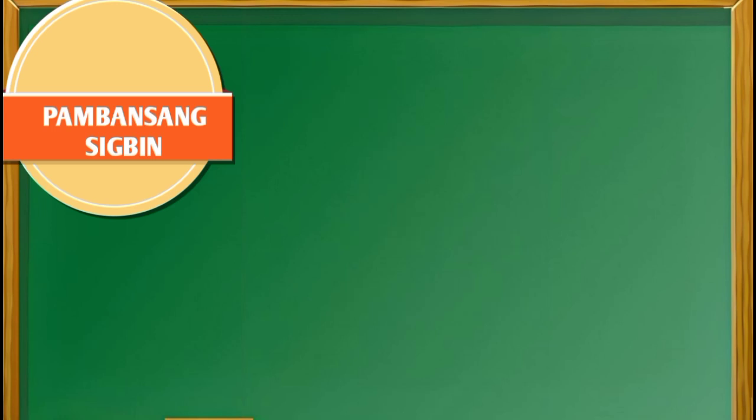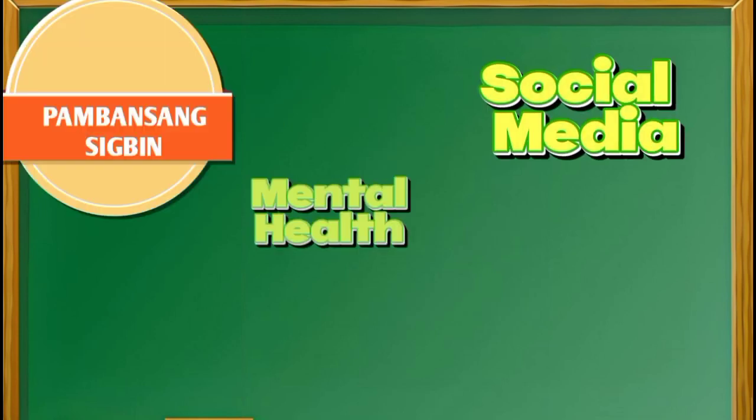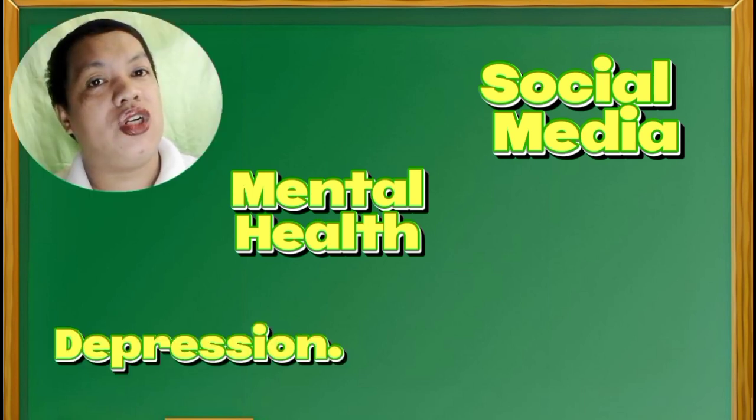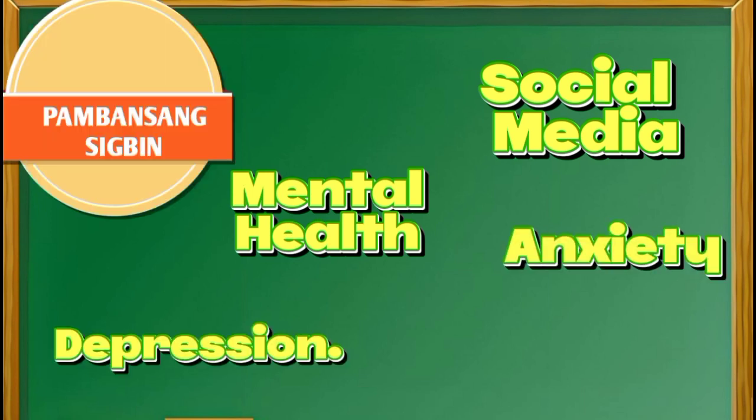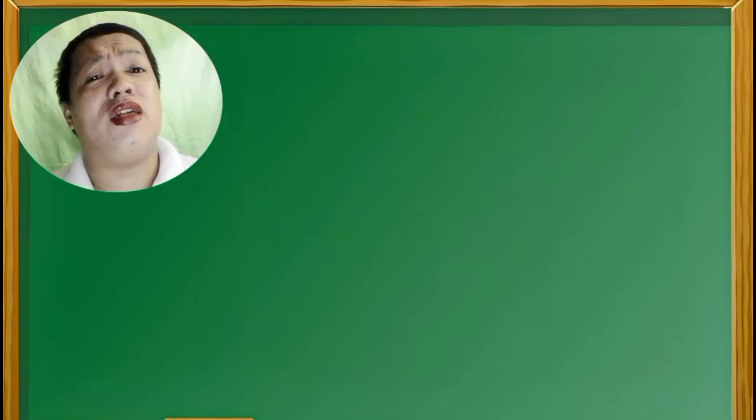Using keywords such as social media, mental health, depression, anxiety, and stress based on the presented research question or thesis questions I've stated under step 1. Let's move to step 3.